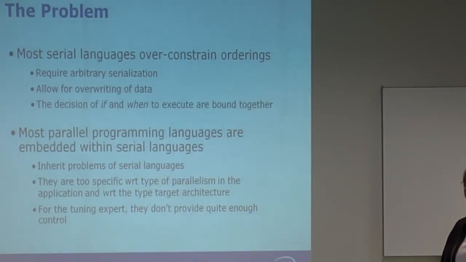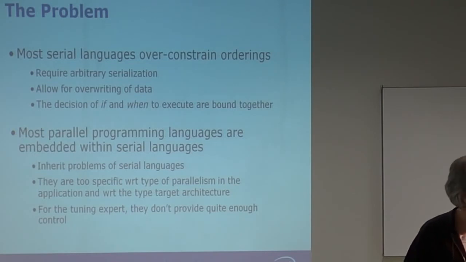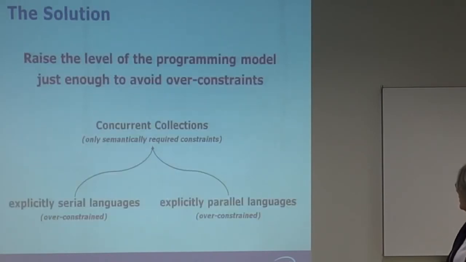And yet, with all of these constraints, they still don't provide enough for the tuning expert to really have control over what's going on. So that's the goal. The solution is to raise the level of the programming model just a bit. In fact, the current level is too low because it's explicitly serial or explicitly parallel, and we'd like to raise it.